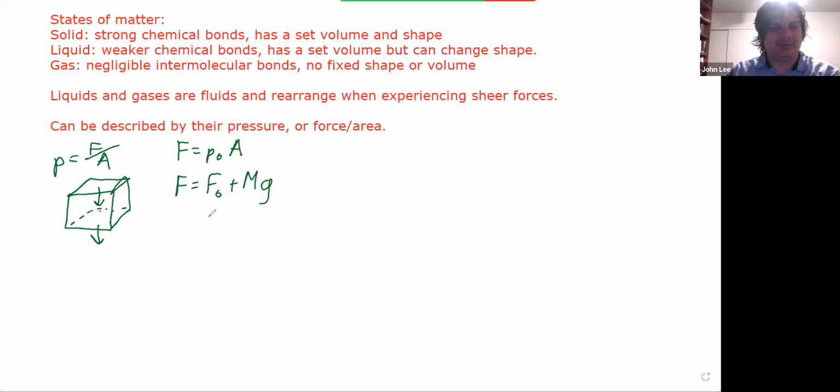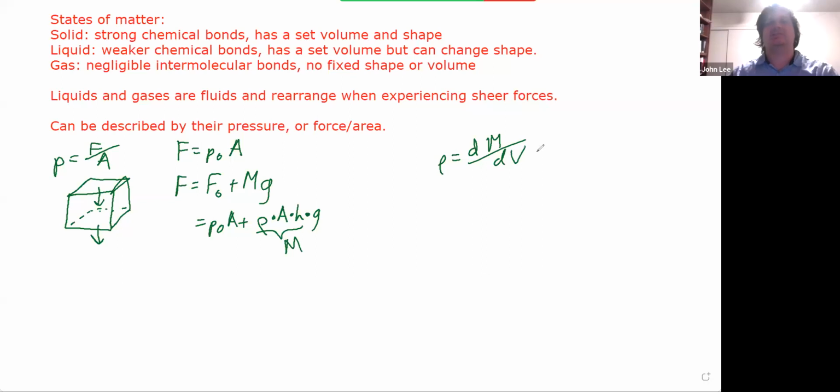So this is going to be equal to P naught A plus rho times A times the height of the block times G. And this is just the mass, where rho is dm/dV, or sorry, that's the opposite. Rho is dm over dV.